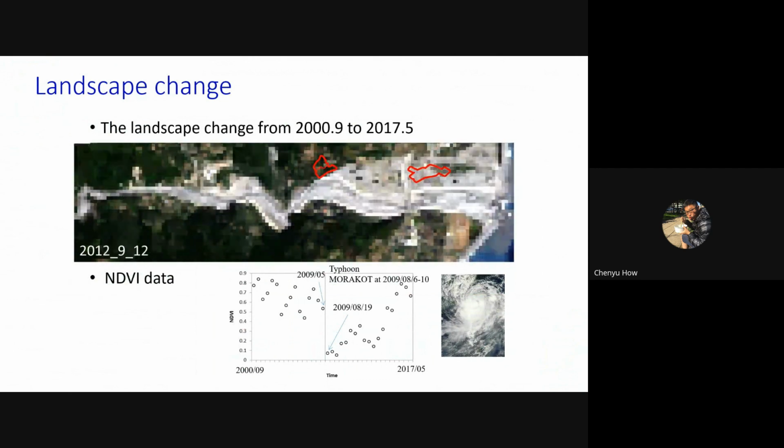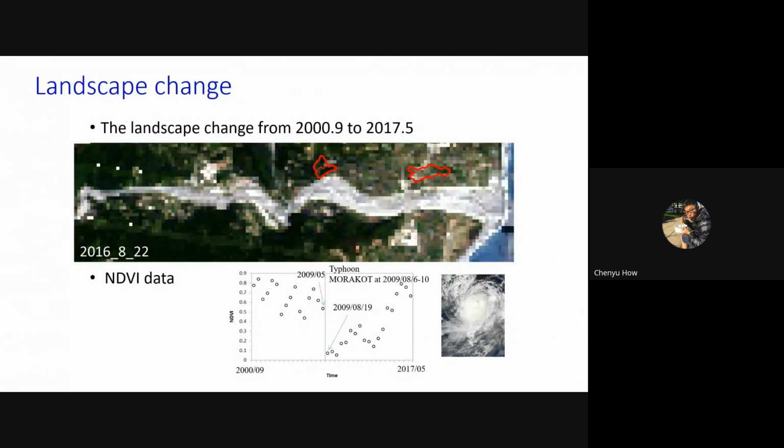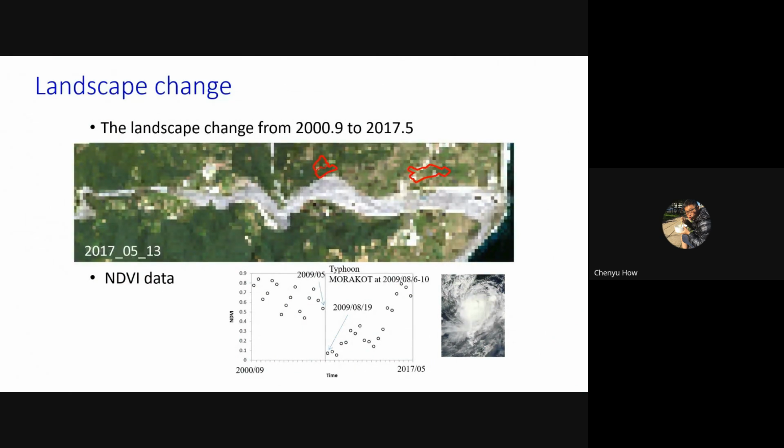We overlay these images, creating an animation that reveals the extent of riverbank exposure. When comparing the NDVI values, a notable observation is that in the same region of eastern Taiwan, there was a significant decrease in vegetation after the impact of Typhoon Morakot in 2009.